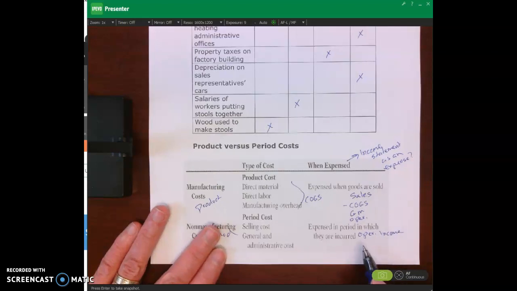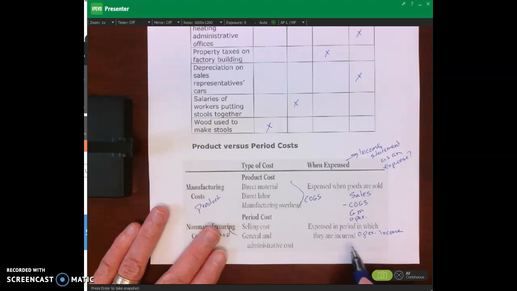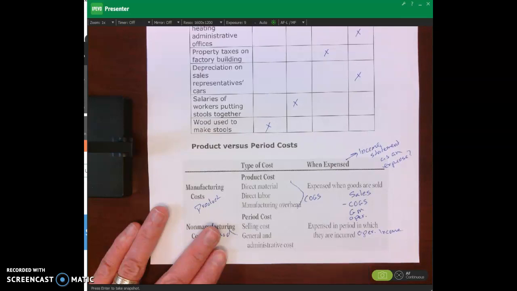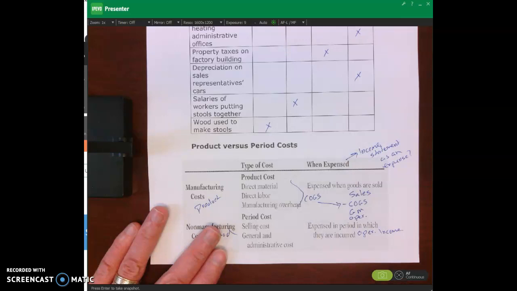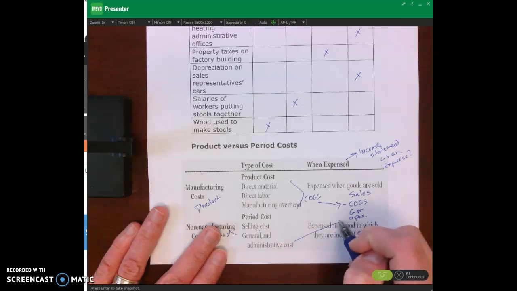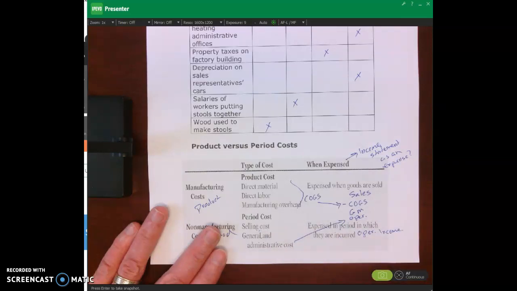Subtract out non-operating gains and losses, taxes, interest, and so on and so forth to get down to net income. But I'm stopping here at operating income, just to illustrate these concepts. So direct materials, direct labor, manufacturing overhead show up right there in cost of goods sold on our income statement. Period costs, such as general administrative costs, show up in operating expenses right there. Okay?